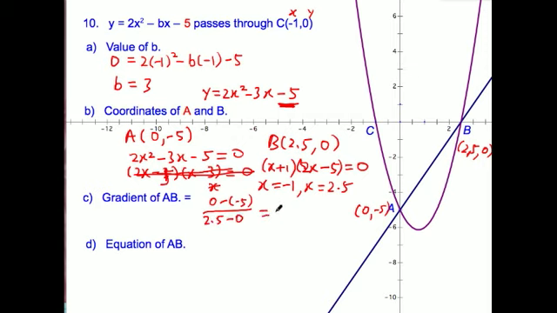This gives us a gradient of 2. The equation of the line AB is found by using y equals to mx plus c, where m is the gradient. Therefore, m is 2. The y-intercept is minus 5.